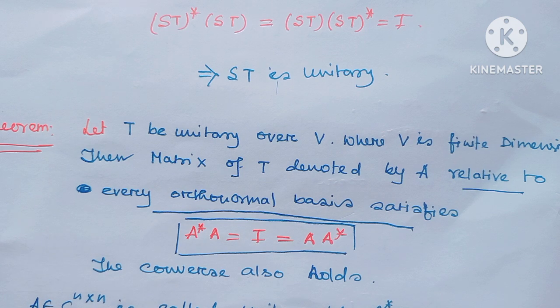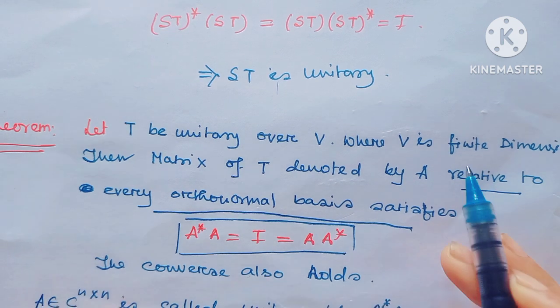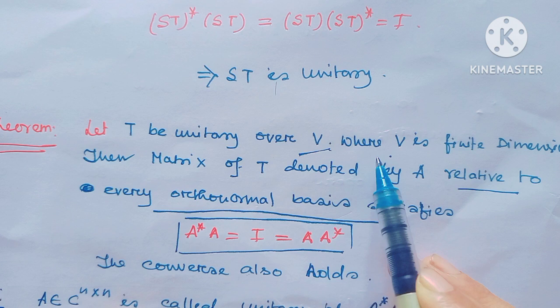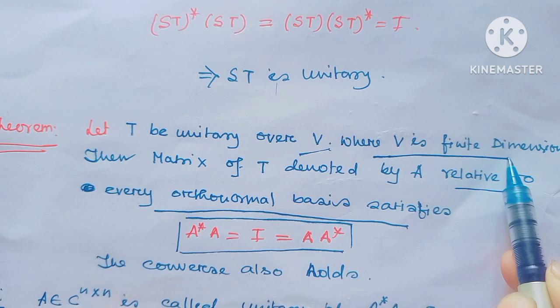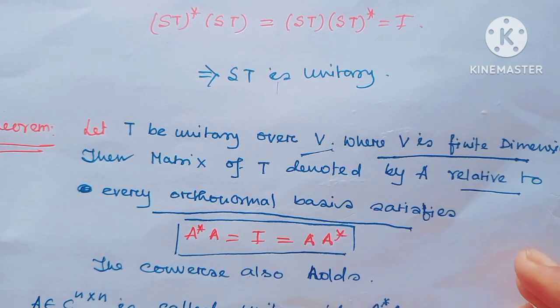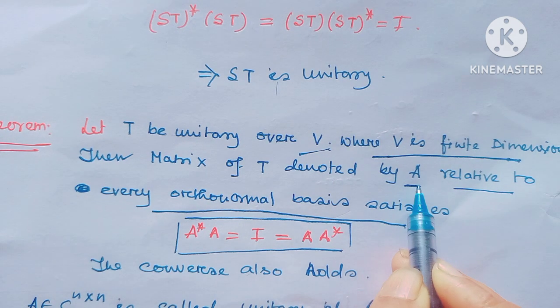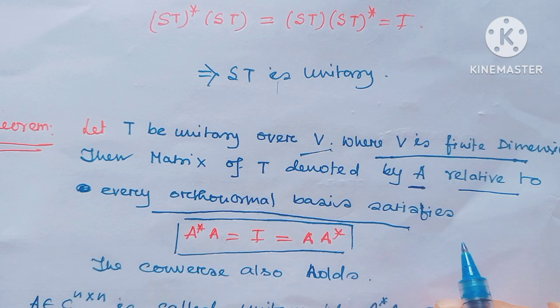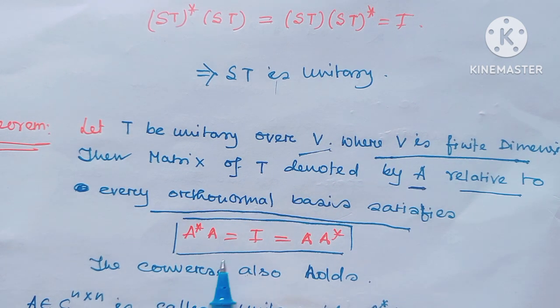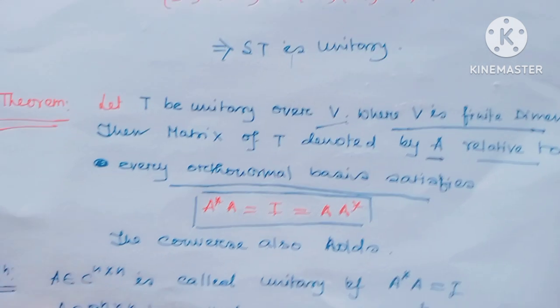That means if T is a unitary operator over V, where V is a finite dimensional vector space, then the matrix A with respect to an orthonormal basis is said to be unitary if A star A equals A A star equals identity.